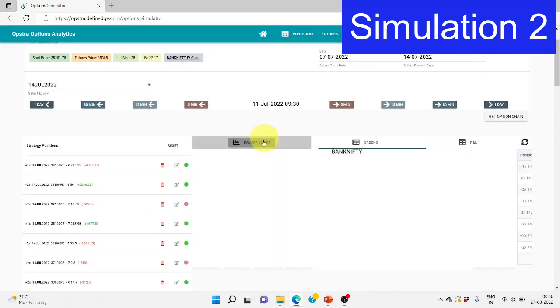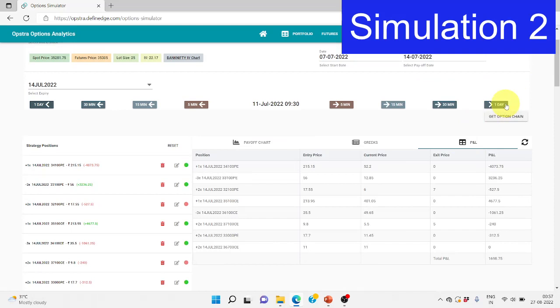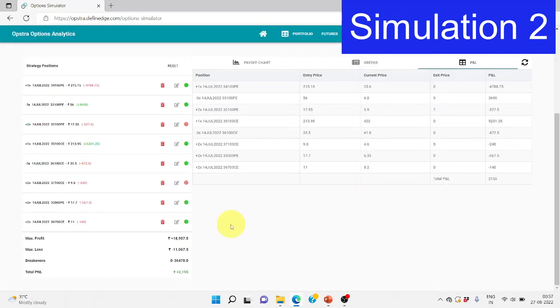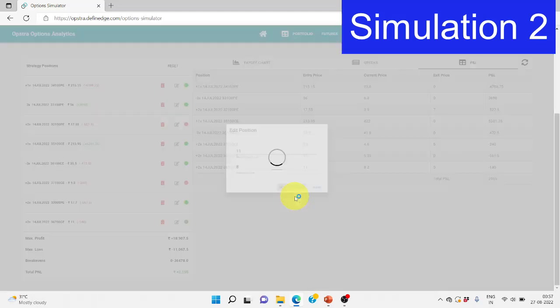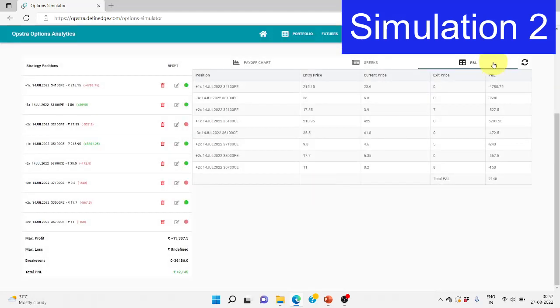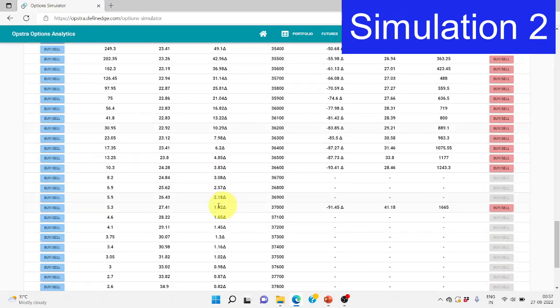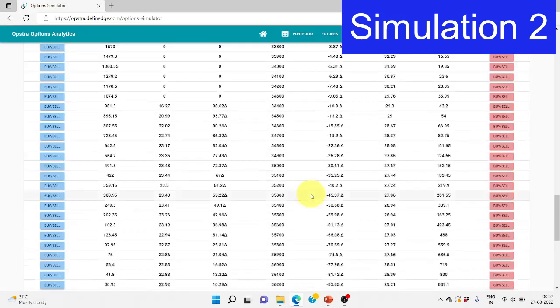Once we do that, you can see the loss on this side is reduced, but again if we want, we can reduce it further. Let's see what happens next day. 8.2 maybe. If you want to make it risk free, then you can move on to further strikes. We'll see what happens if we get again around 12 or 13 rupees. Okay, we'll buy that.